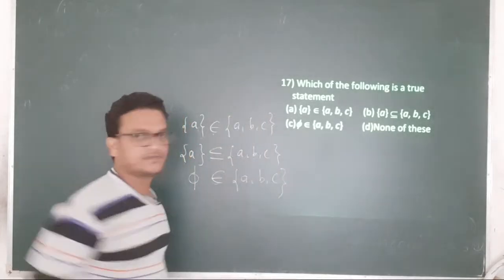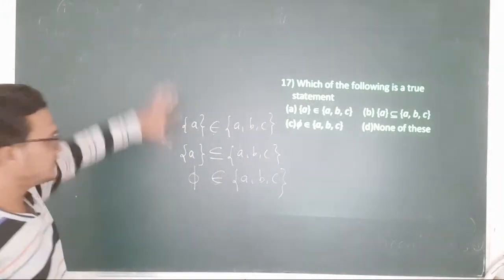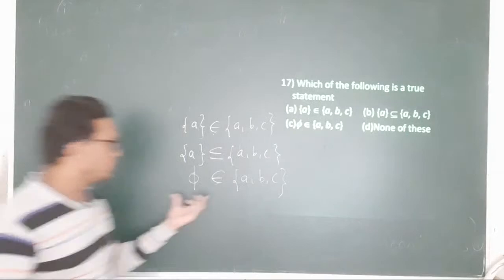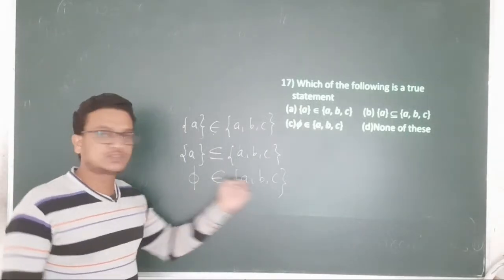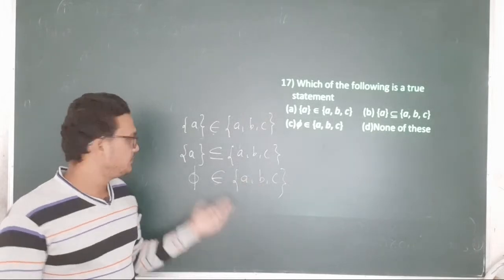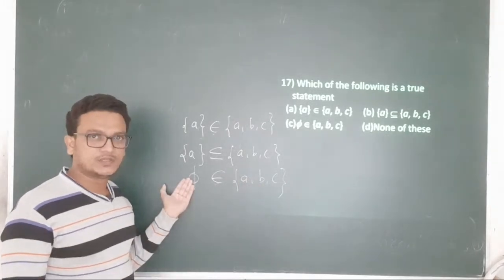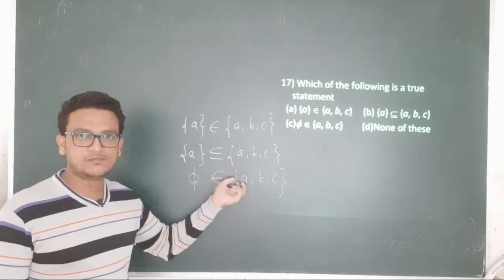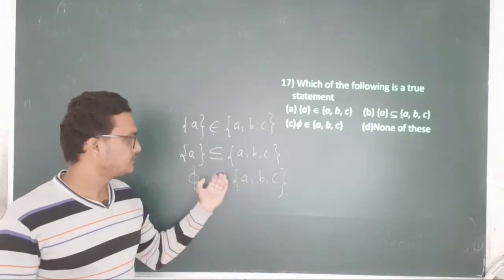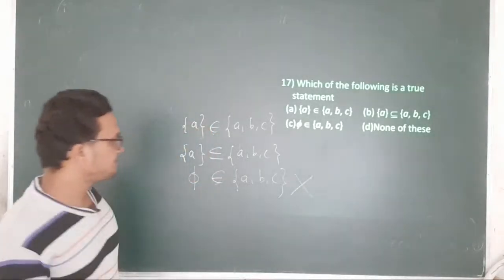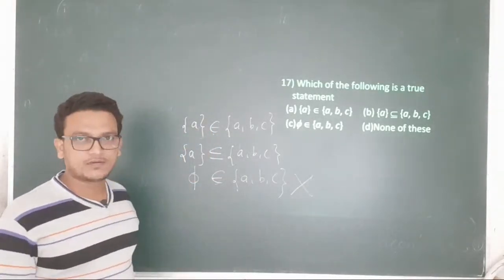D option is none of the above. Let us check first whether among these three any option is correct or not. Go with this one: phi belongs to ABC. Is it correct? No, because this is the empty set, so the empty set is not an element or member of this ABC. Therefore this is a false statement.